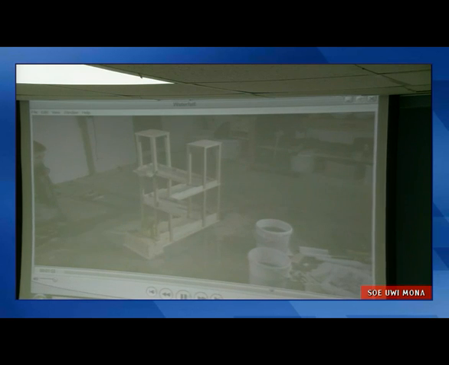How does that work? Just leave it still on the screen.